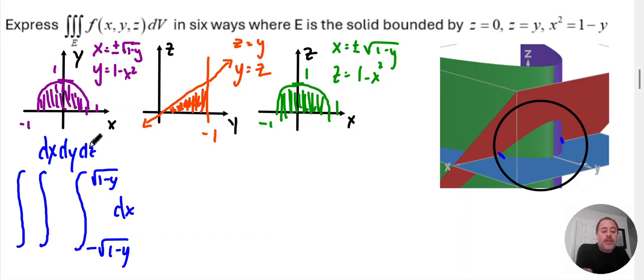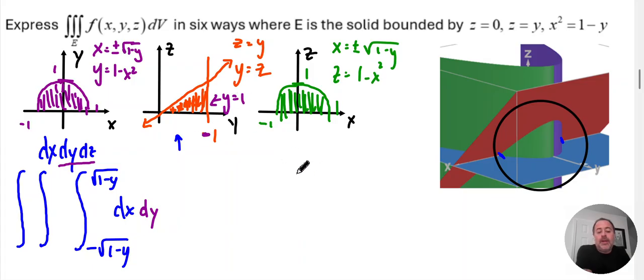Once we're done with that, what we need to do is look at this curve right here, this trace, because we want to find the region of now dy and dz. Whatever our second and third variable is, we always look back at this trace. So if I want to do dy next, we want to find the equations of that. Well, the right-hand equation for this is going to be y equals 1.